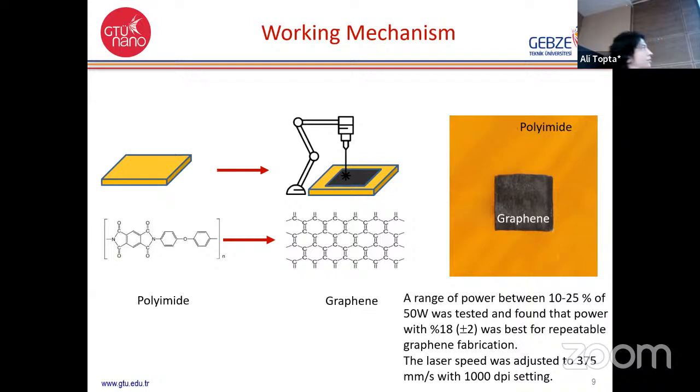It turns out we get a good conversion when we apply 18 plus or minus 2% of the 50-watt laser with a speed of 375 millimeters per second with a 1,000 dpi setting.